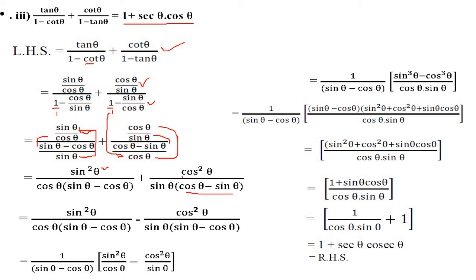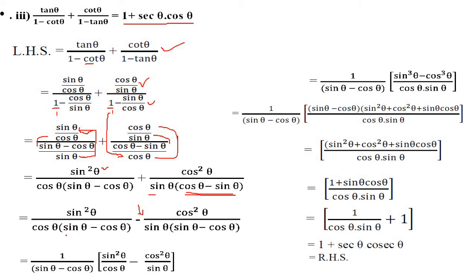Cos square theta as it is, and the denominator cos theta minus sin theta becomes minus of sin theta minus cos theta. A positive quantity divided by a negative is negative. So taking minus out, you will get cos square theta divided by sin theta into sin theta minus cos theta.